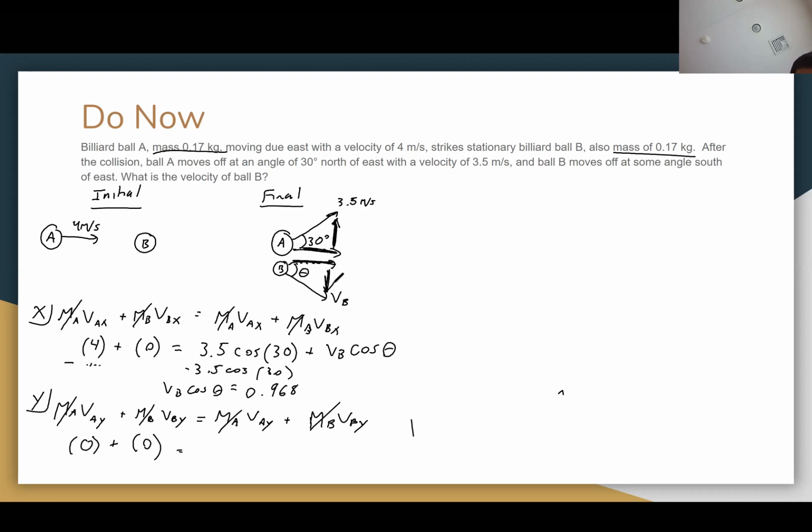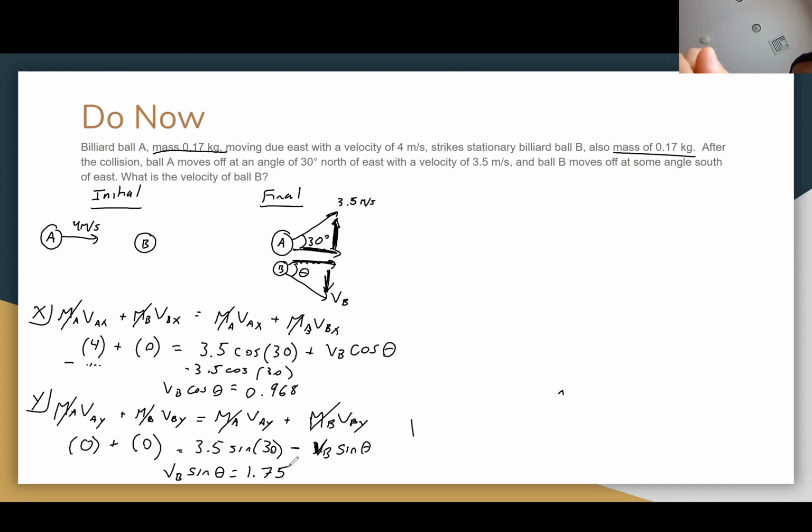So we have the 3.5, the total velocity, times the sine of the angle, minus, and that minus sign comes because ball A goes up and ball B goes down, so they move in opposite directions. So that would be VB times the sine of theta. And VB times the sine of theta is going to be equal to 3.5 times the sine of 30, which is 1.75.